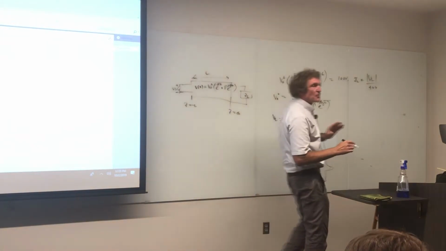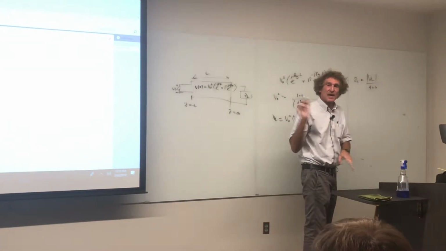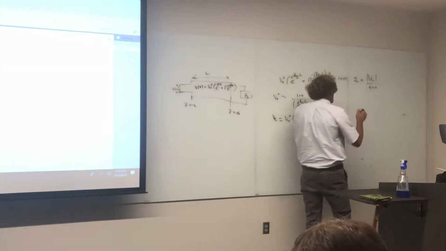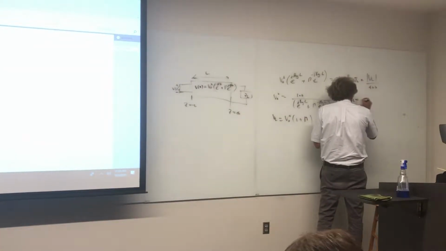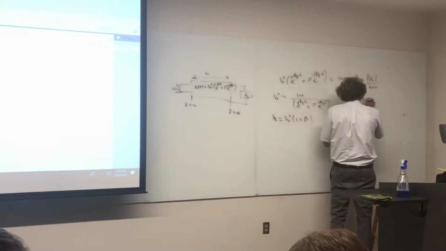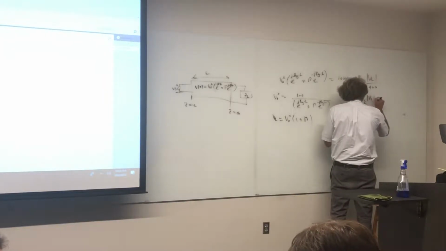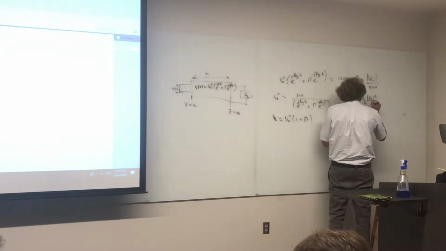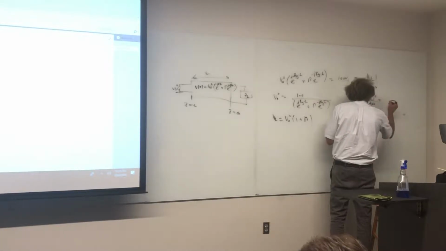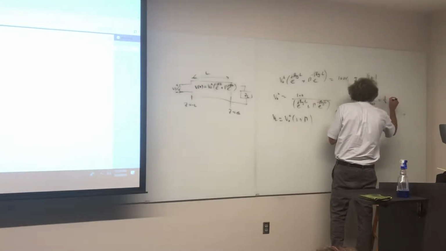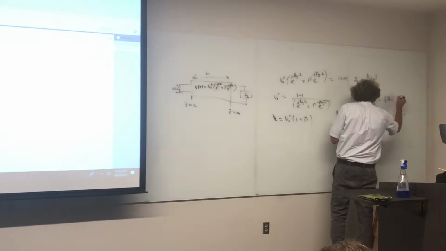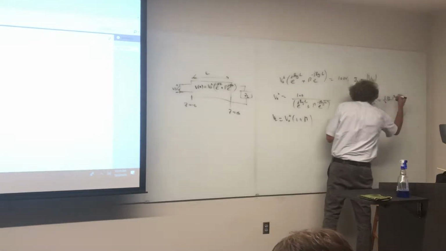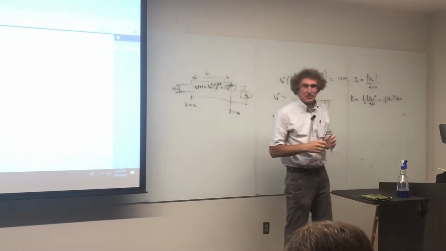You did not need to do 1/2 the real part of V times I conjugate. The only thing you wanted to do is power at the load here, right, would just be 1/2 magnitude of VL squared divided by 400, or 1/2, and it could be times magnitude of IL squared times 400. Either one of those two give you the right answer.